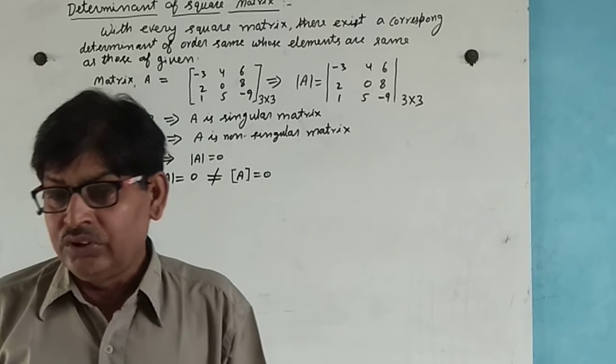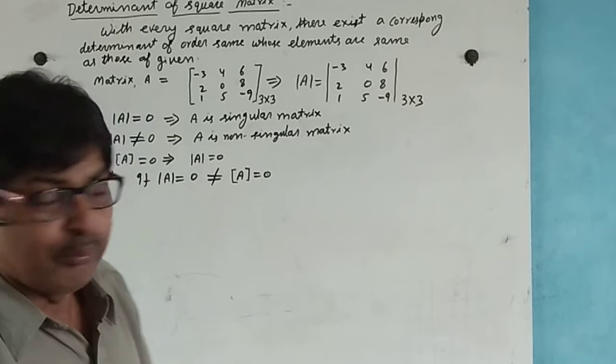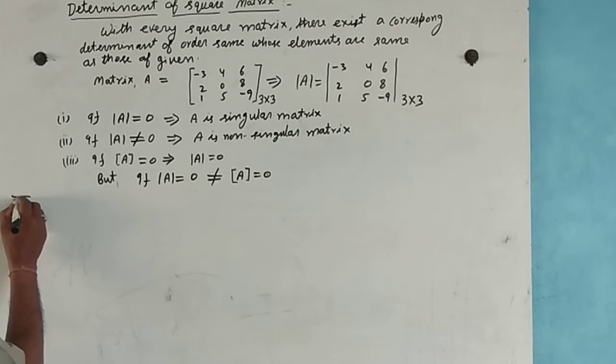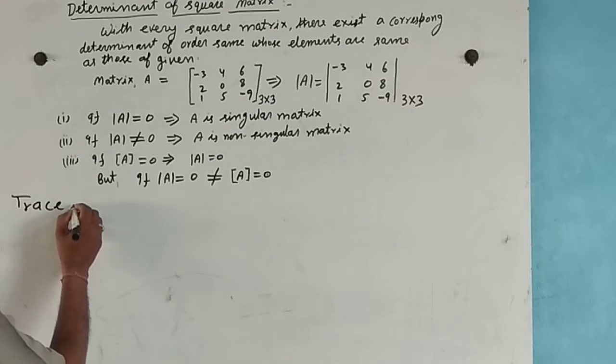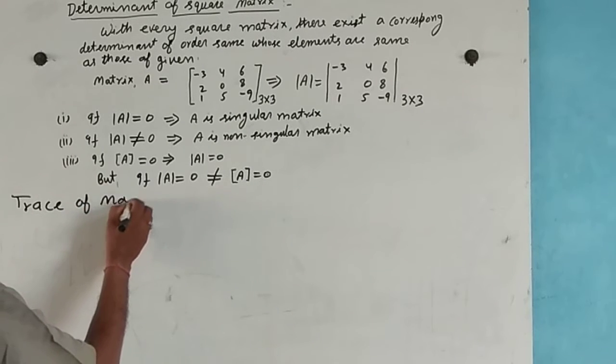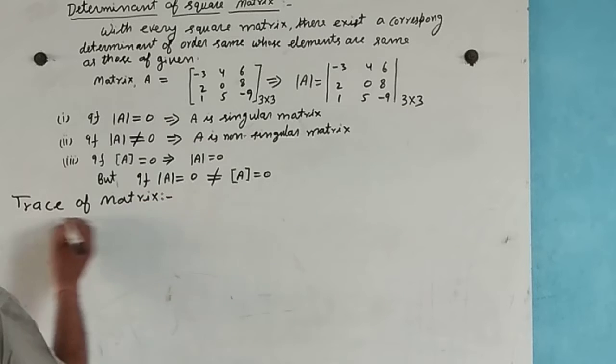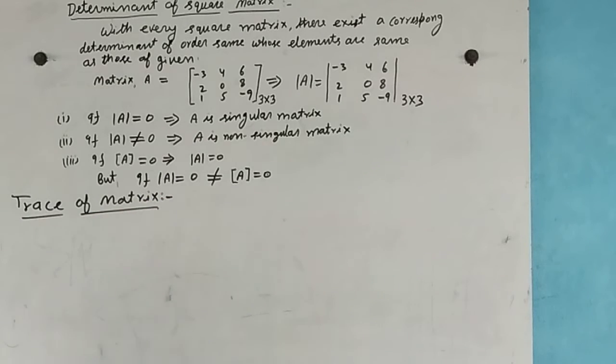Now we study the trace of a matrix. The sum of the elements of a square matrix lying along the principal diagonal is called the trace of the matrix.